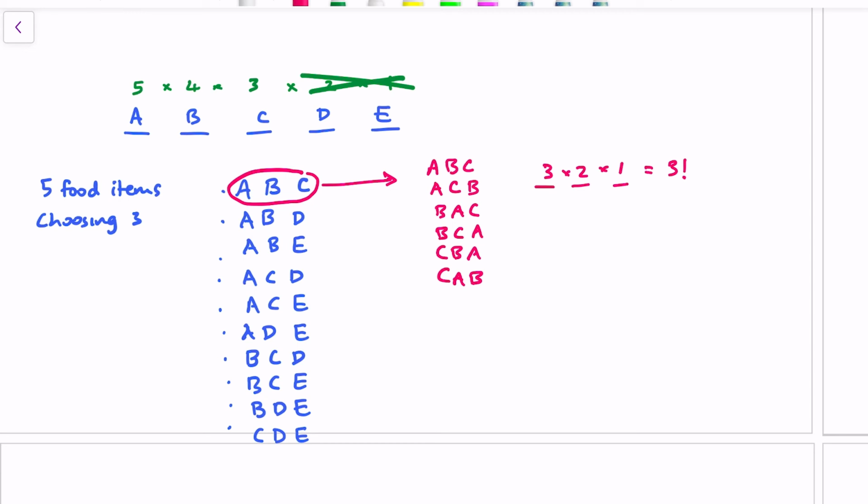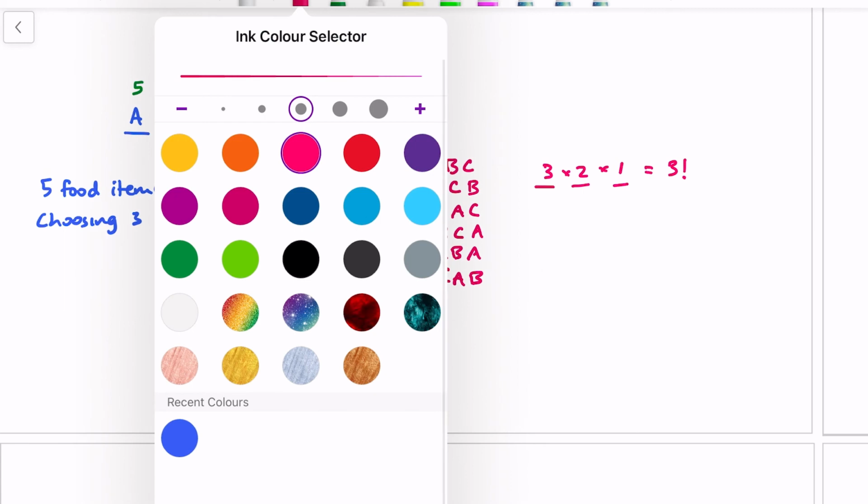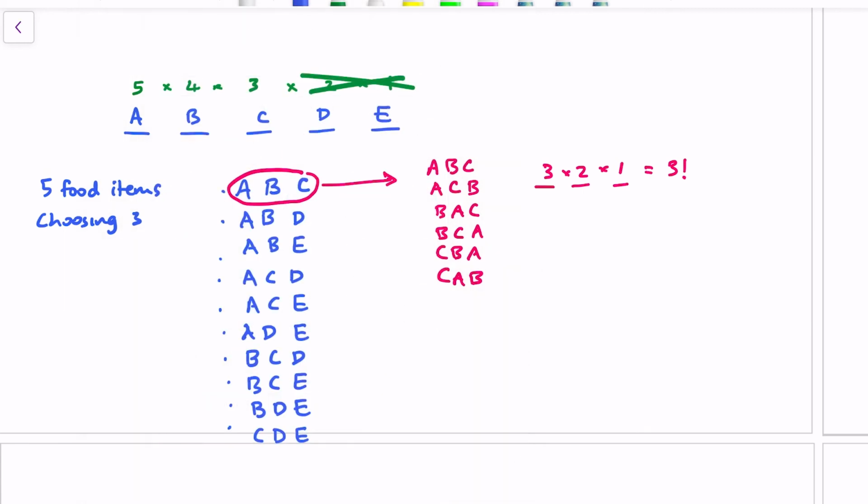Okay, so the first thing is a permutation, the 10 ways. And to get those permutations, we had 5 factorial, which was the number of ways of arranging 5 different things, 5 times 4 times 3 times 2 times 1, but we divided out the 2 factorial.